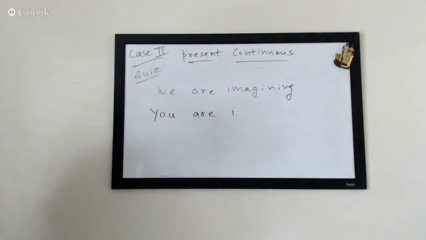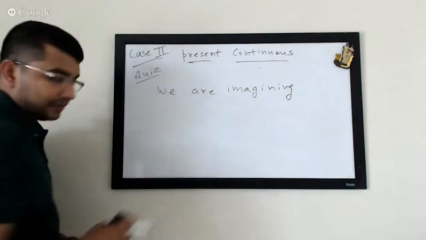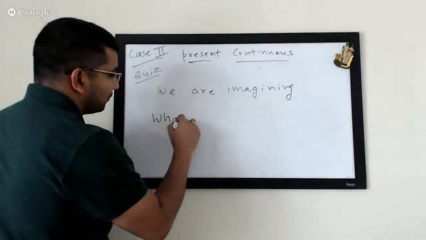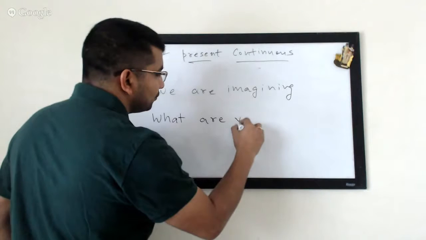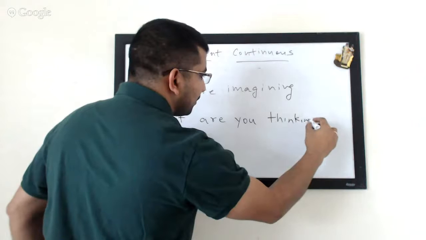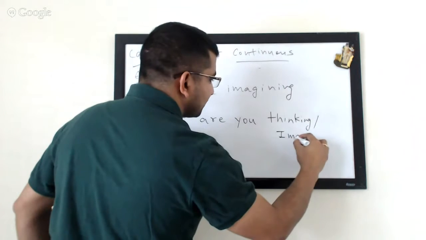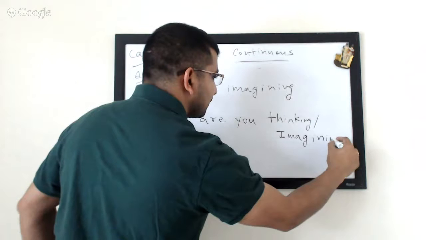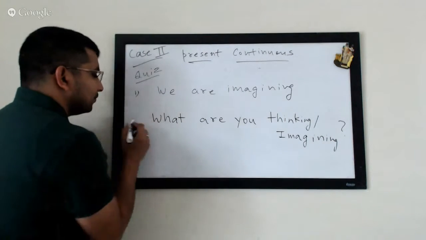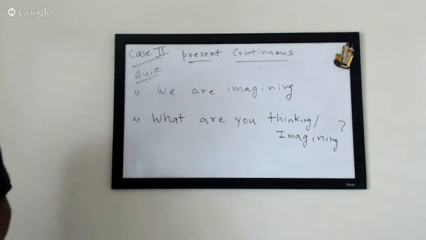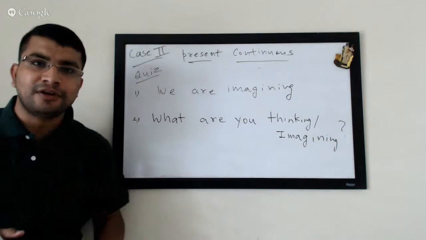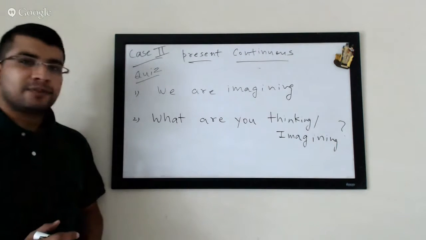Okay, let me make it a little bit interesting: what are you thinking or imagining? Okay, so your task is to write down these two in Hindi. I think this first one should be very straightforward. The second one, give it your try. If not, we will go over the answers.